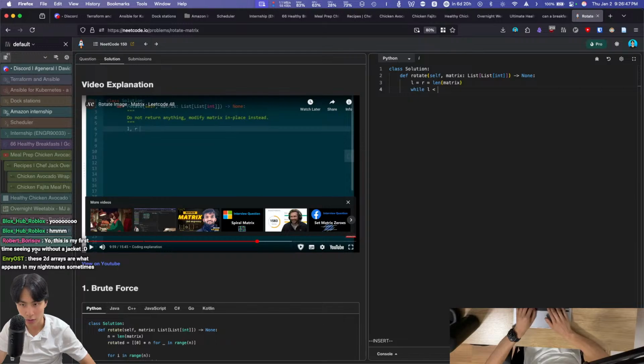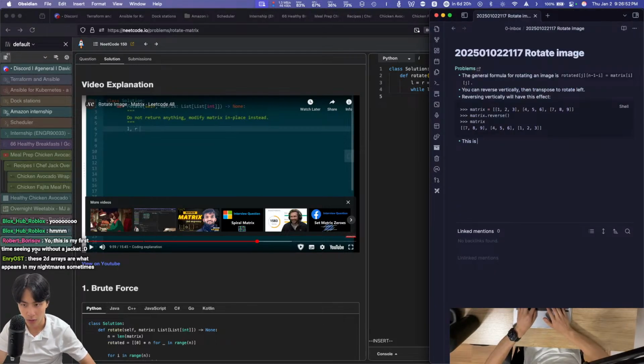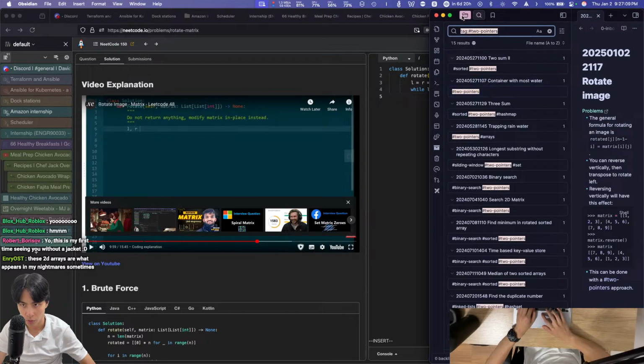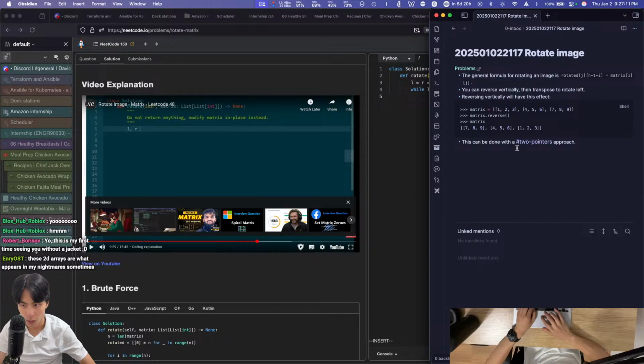While L is less than R, so it's kind of like a 2 pointers. This can be done with a 2 pointers approach. Actually, a 4 pointers approach.